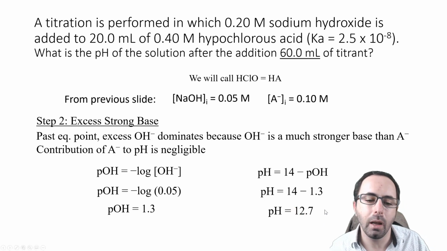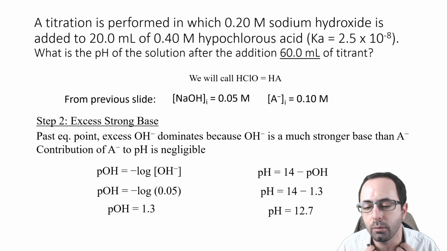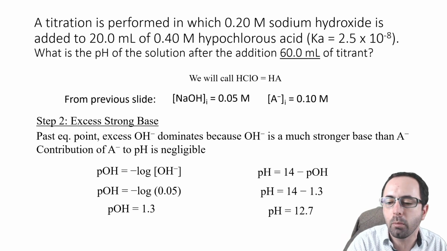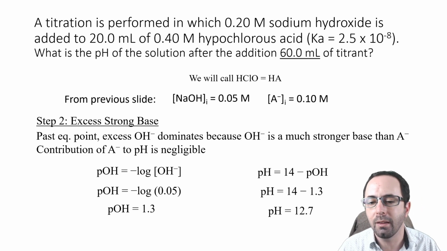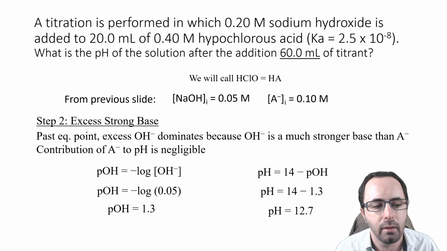So yes, the A minus does contribute a little bit to raising the pH, but the hydroxide is really where it's at. When we go past the equivalence point, what we pay attention to is the excess amount of strong acid, or in this case, strong base, because that's the titrant.